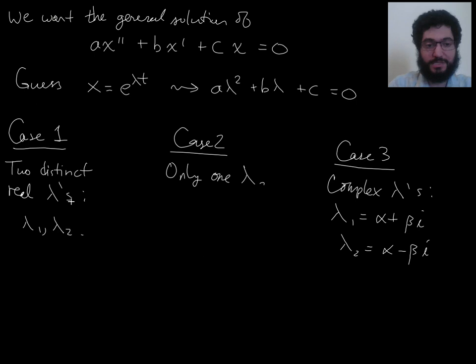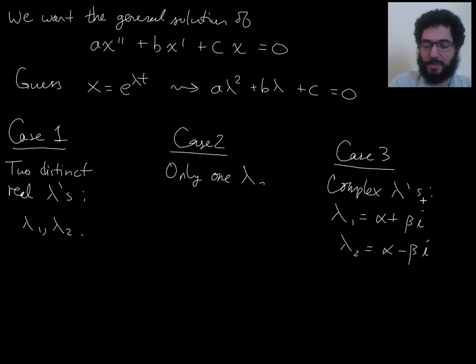I numbered them cases 1, 2, and 3. Case 1, two distinct real lambdas, lambda 1 and lambda 2. Case 2, only one lambda. Or case 3, which was the parabola off the axis kind of picture, where there's no real roots. That picture was only showing you the possibilities if you only consider real numbers. In fact, for a quadratic polynomial, there are always roots.